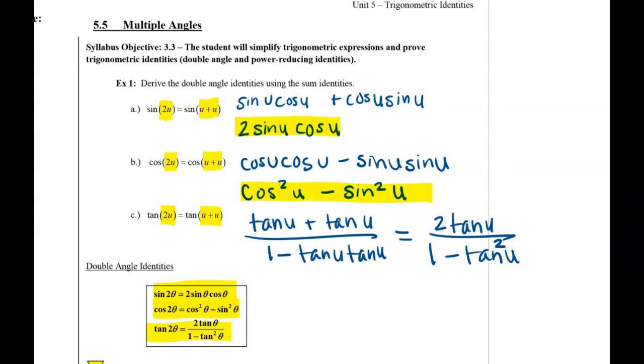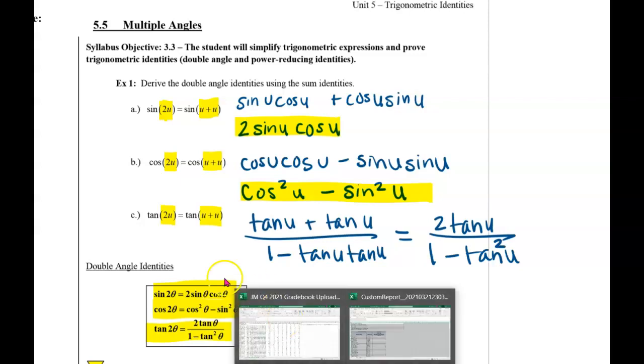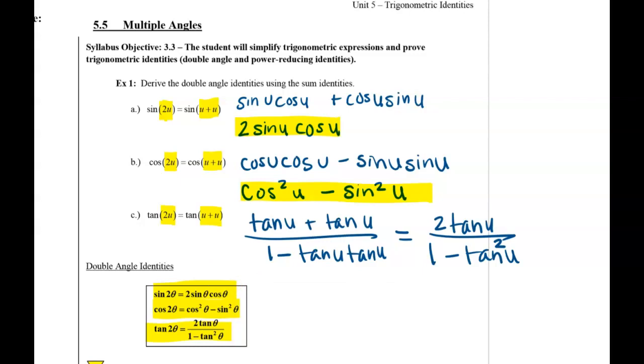Okay, all right. So now, when we're doing double angle identities, cosine 2u can actually be written 2 other ways. Using the Pythagorean theorem, we are going to identify the 2 other ways right now.